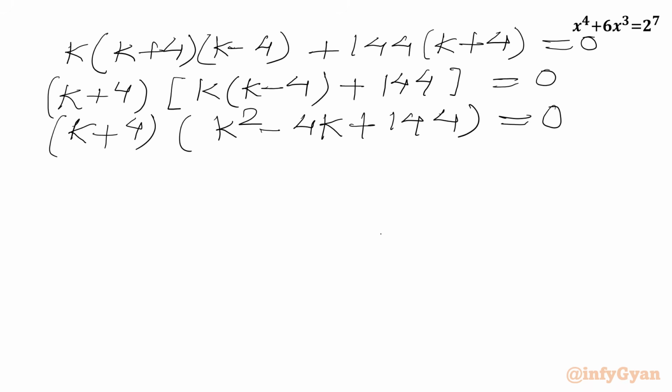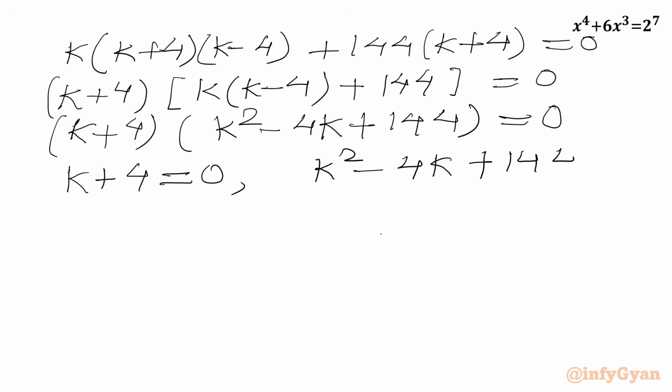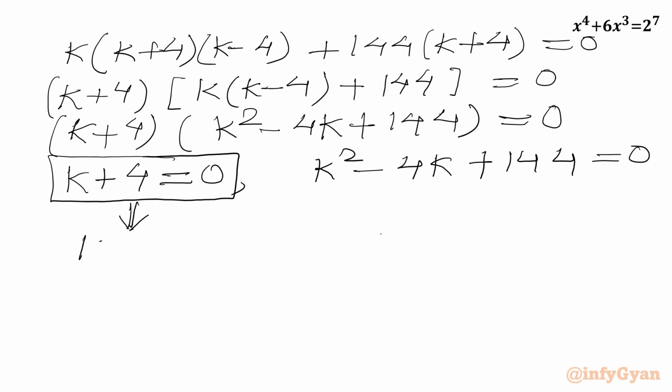Using product 0 rule, we will write either k plus 4 equal to 0 or k square minus 4k plus 144 equal to 0. So from our first equation k plus 4 equal to 0, we will get k equal to negative 4.